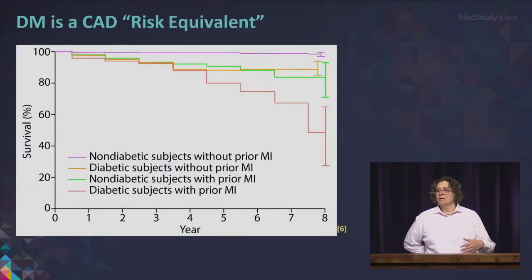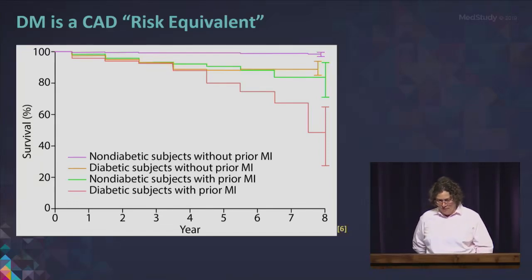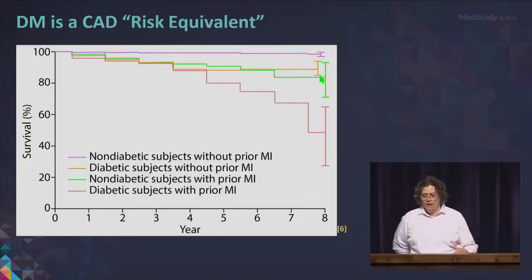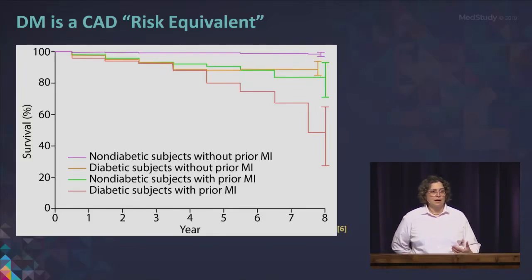So I keep saying diabetes is a risk equivalent. Where did we get this data from? So they did this study in 1998. We all know that people who've had a heart attack have a much higher chance of getting subsequent heart attacks and have increased risk of mortality.